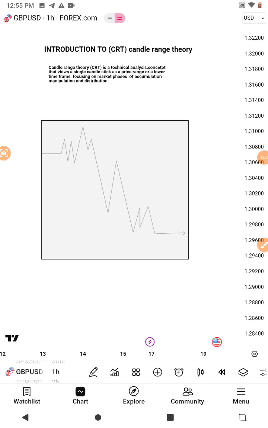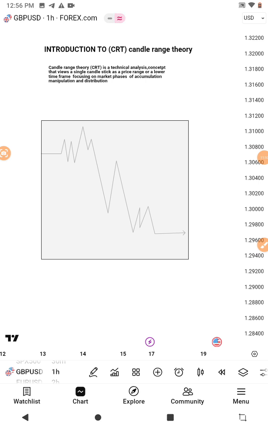Candle range theory is a technical analysis concept that views a single candlestick as a price range of a lower time frame, focusing on market phases, which are accumulation, manipulation, and distribution. Jot this down, right?